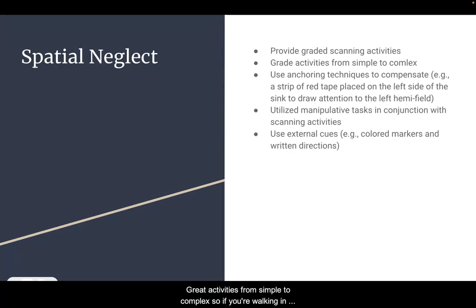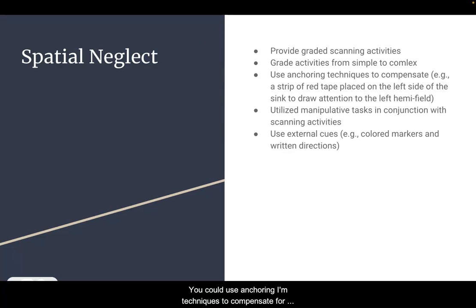So if you're walking in a hallway, and their inattention or neglect is towards the left environment, you might have one person walking down the hallway towards them that they need to acknowledge and then avoid. And then to increase the complexity of that, you might go into a more high density environment, such as the gym or a coffee shop.